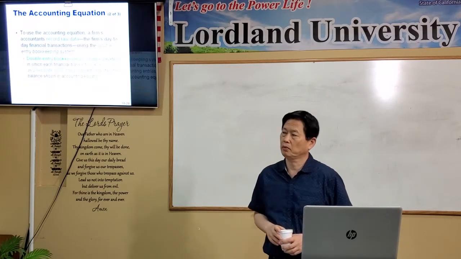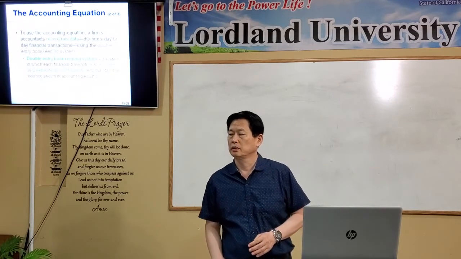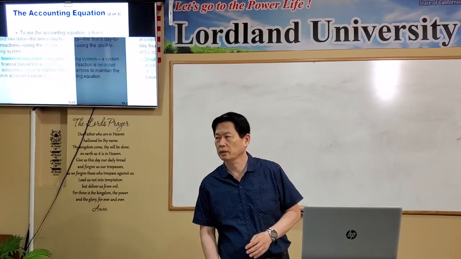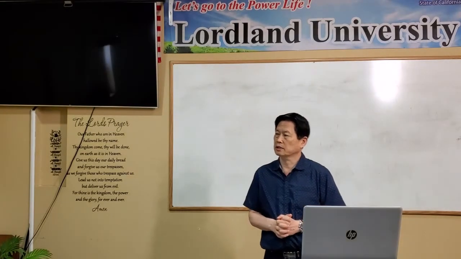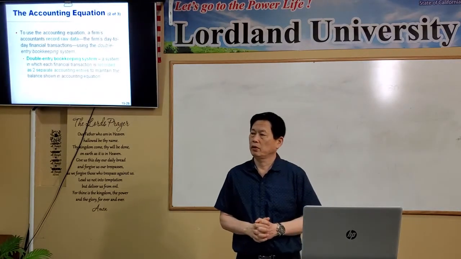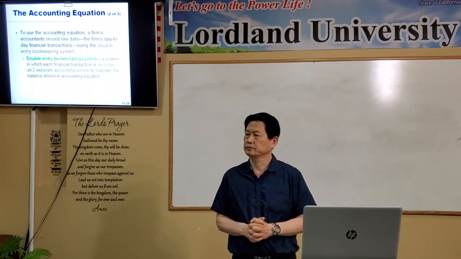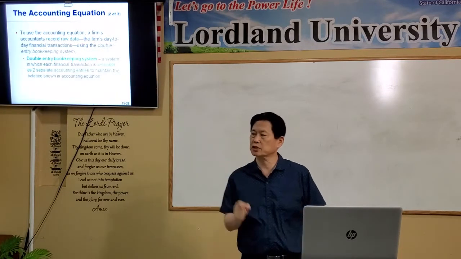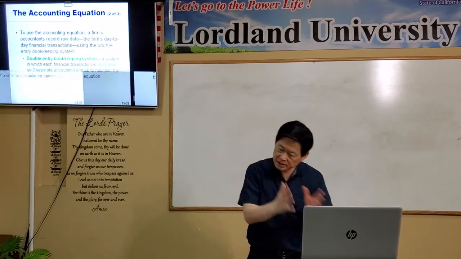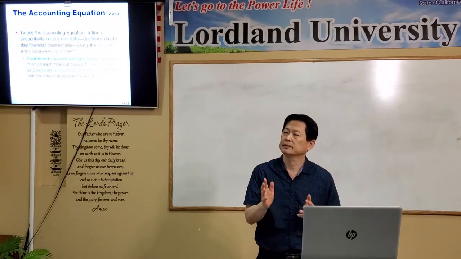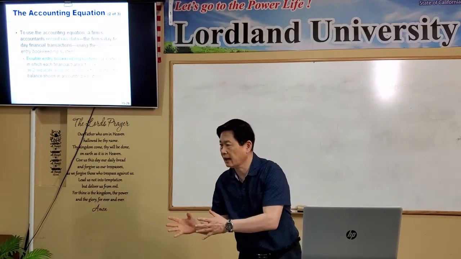I go to the computer store and I pay $200 for a computer. In that case, one business transaction must be recorded on the debit side and on the credit side.